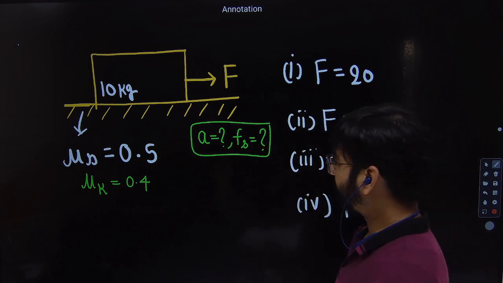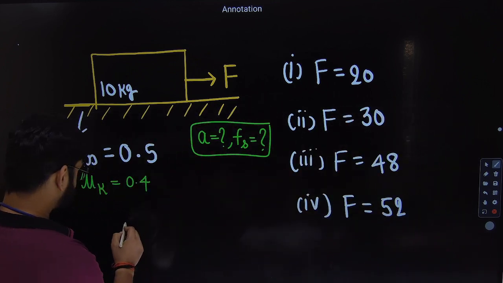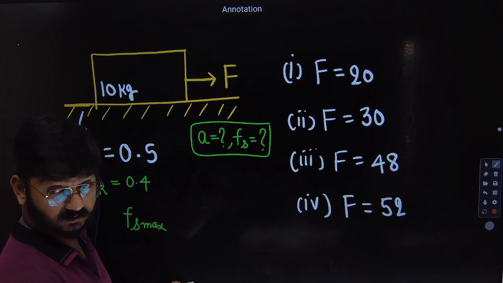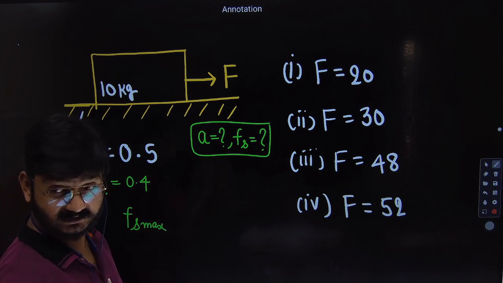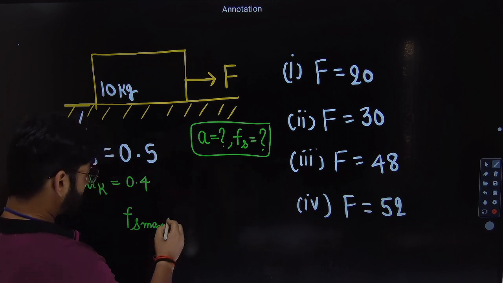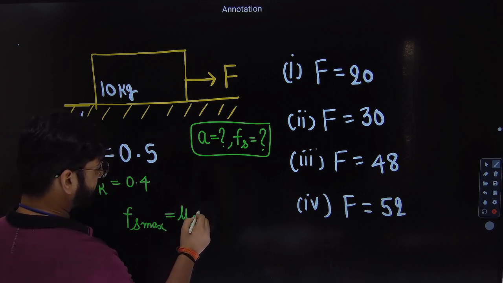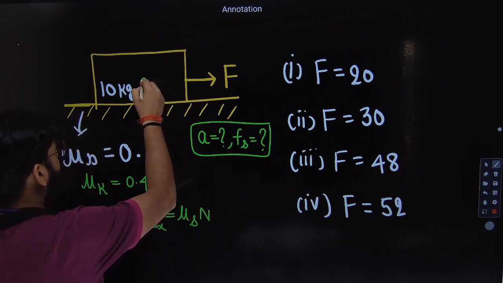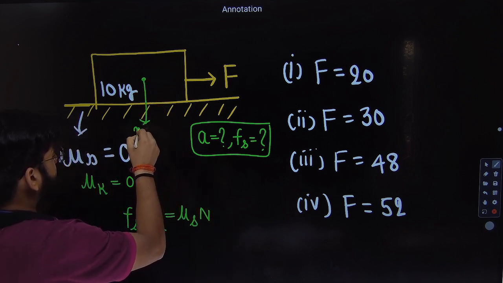So what is the formula for Fs max? Fs max is called F limiting also. Don't get confused in the exam. Fs max or F limiting is the same. The formula is mu s into N, where N is the normal force. If I draw the free body diagram, what will act in the downward direction? Weight.